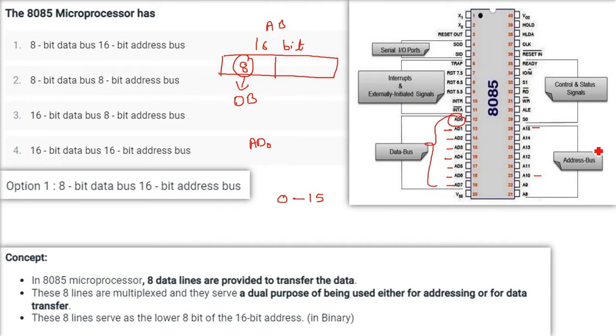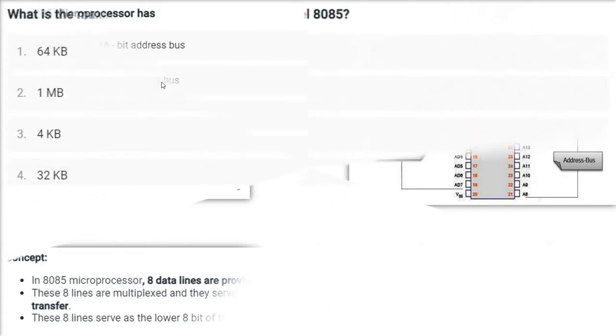And AD0 till A15, in total all the 16 bits, is for the address bus. There is an ALE, latch, which we'll talk about in a short while, and that decides whether the data or the address bus will be used. So it is a 16-bit address bus, 8-bit data bus.